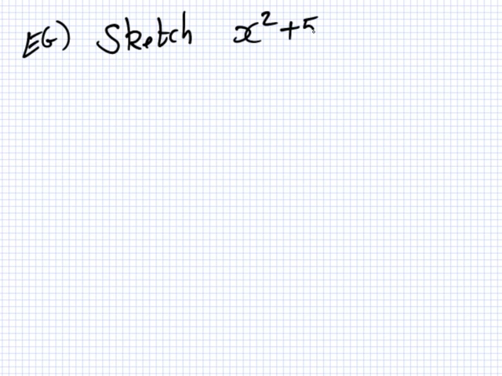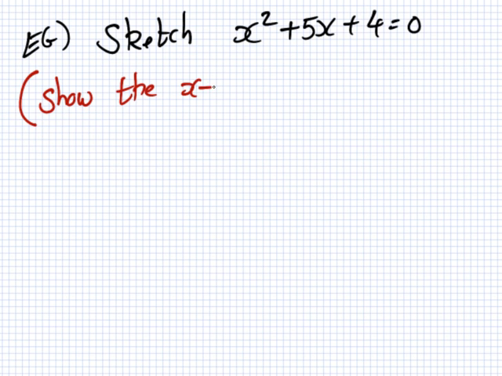So this example would be: sketch x squared plus 5x plus 4 equals 0, and what they'll clearly say usually, in brackets here, is show the x and y axis intercepts.